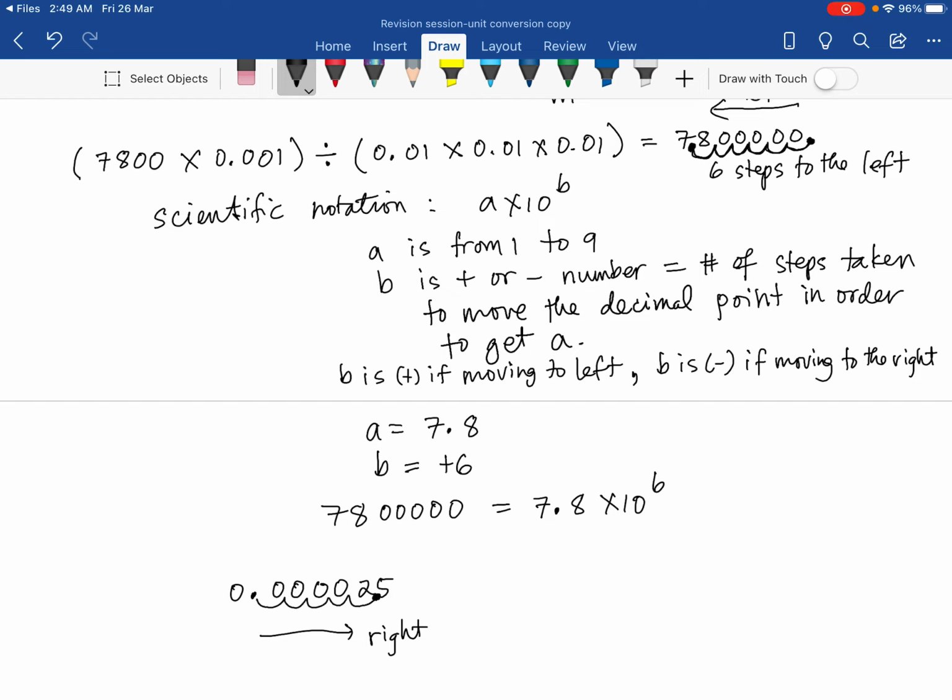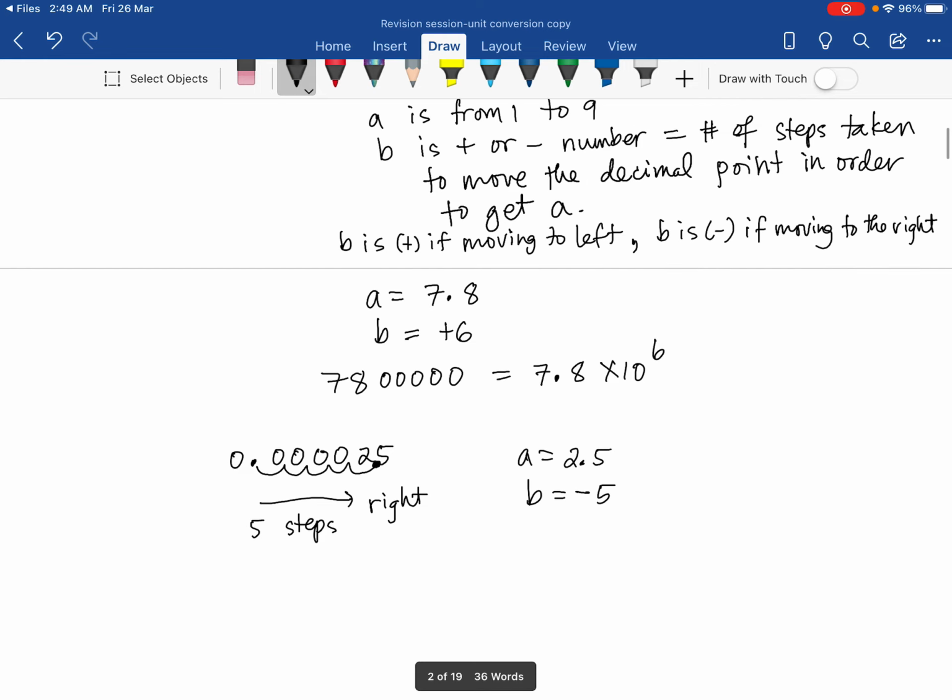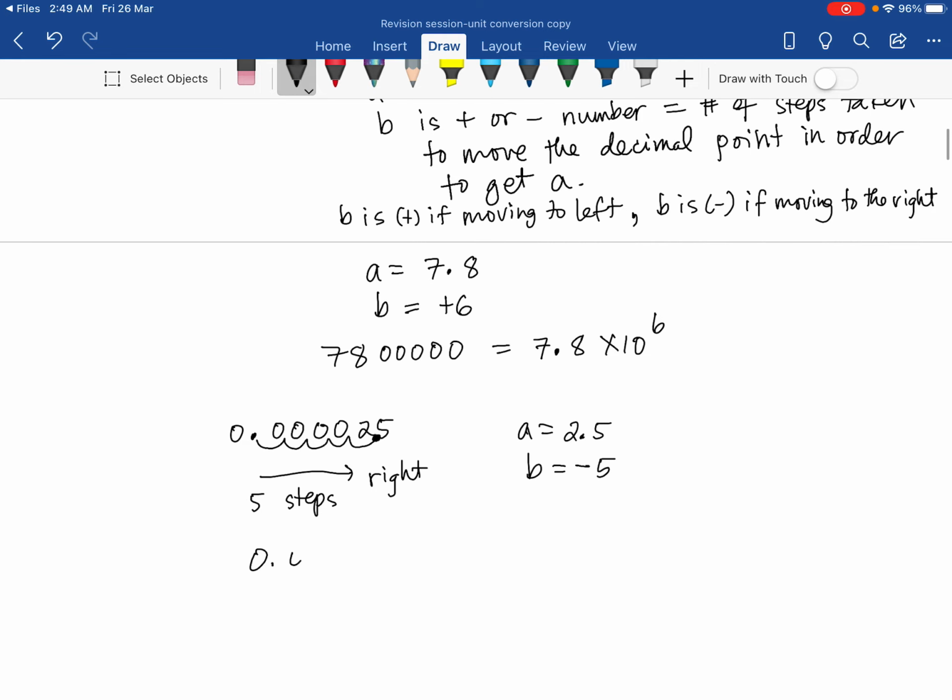Okay. So 4 steps to the right. So your A is equal to 2.5 and your B is equal to 4 steps, but you move to the right, so that will be a negative number. So in scientific notation, 0.00025 is equal to 2.5 times 10 to the negative 4.